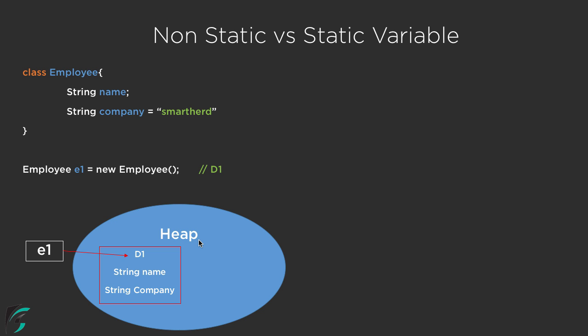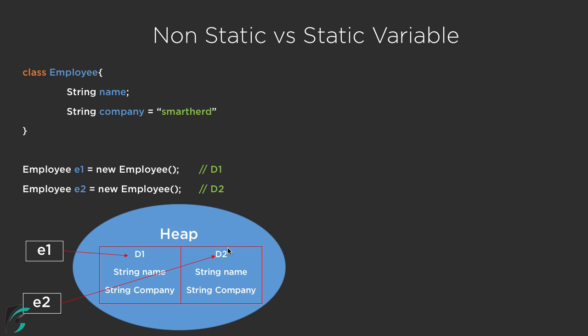Now, if I create E2, it will create a D2 object inside the heap memory that again contains name and company, and in the stack memory we will have E2 pointing to D2.